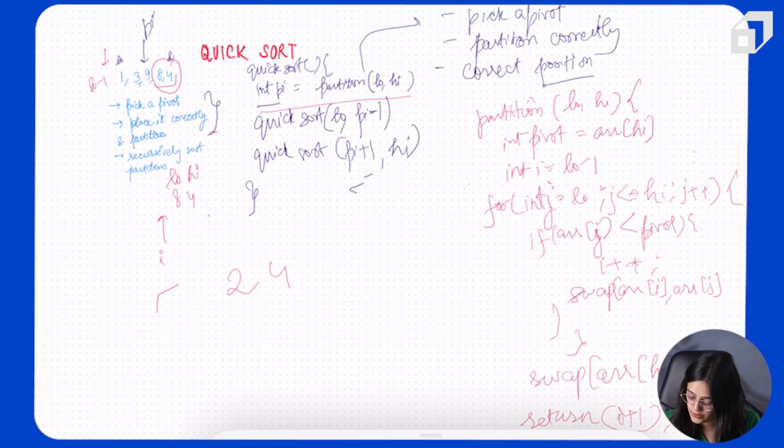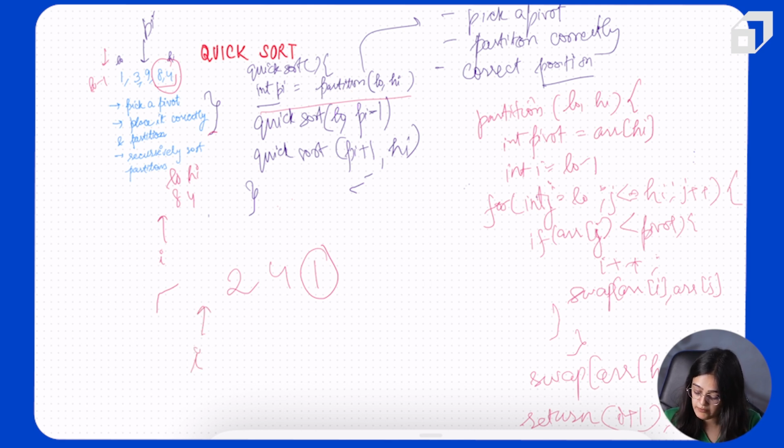So at the end, let's say we don't find any element smaller. So what we do is we consider that i plus 1 was the correct position of the element. So let's say our array was 2, 4 and 1. So our pivot will be this, and our i will be placed at this position, right?